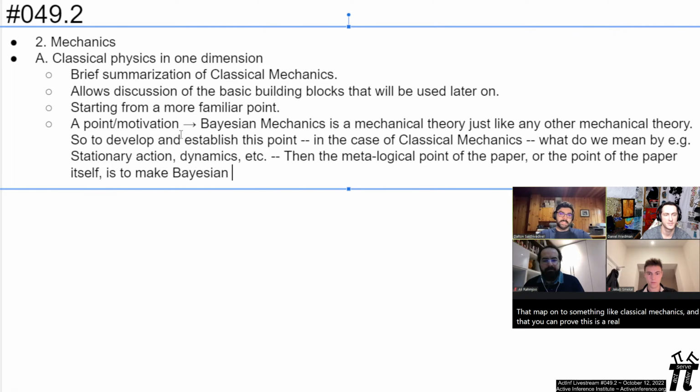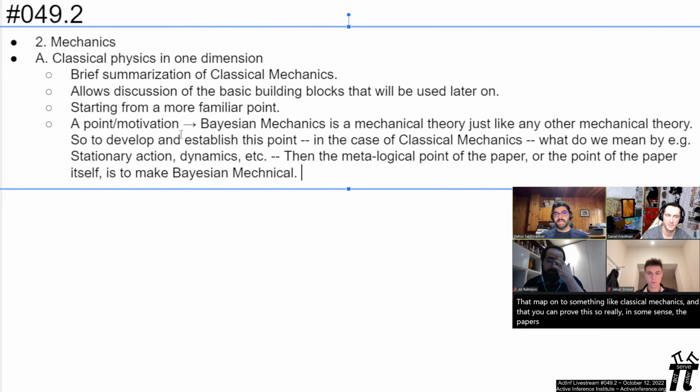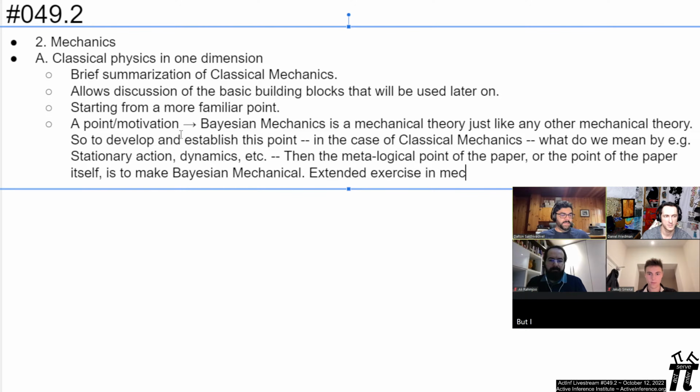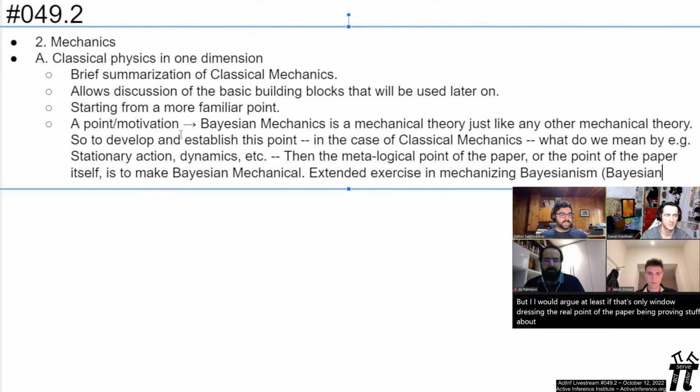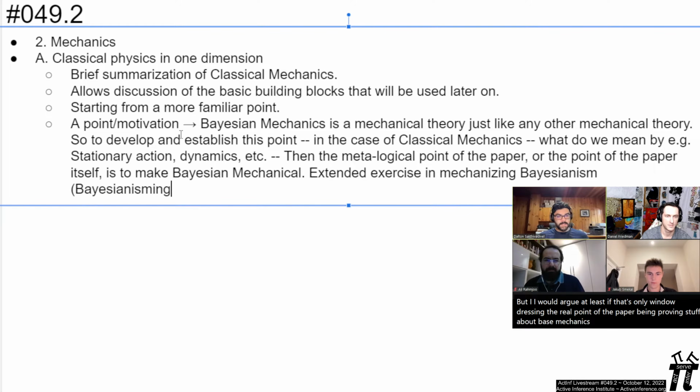So really, in some sense, the paper is an extended exercise in proving that that map between something that we know very well and something that we maybe don't exists. But I would argue at least that that's only window dressing, the real point of the paper being proving stuff about Bayesian mechanics, and classical mechanics is just a useful analogy.